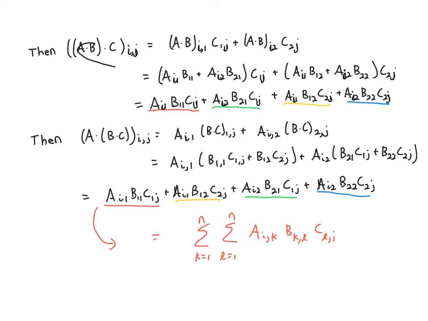And so the only difference from the previous formula we had before is this order of summation is different. But since summation is commutative, the order of summation doesn't matter. And so actually this associativity holds for arbitrary n by n matrices. But since this is often harder to look at, I find it's often easier to look at the 2 by 2 case, where the formulas are a little easier to write down.